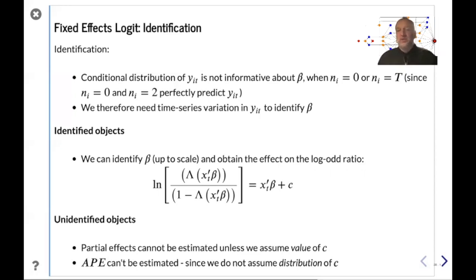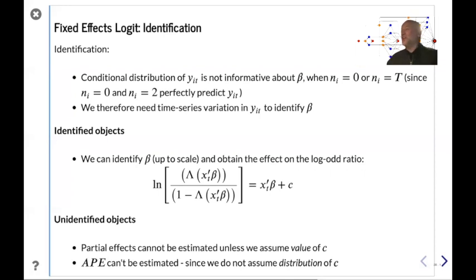With n equal to 0, if nobody is making any changes, if y is not varying at all, then once you condition on n, you perfectly predict the outcomes, right? If you condition on n equal to 0, then you for sure know that all the y's are equal to 0.